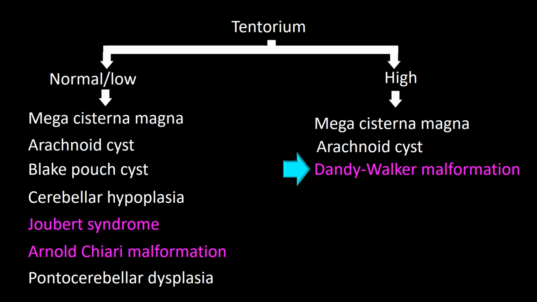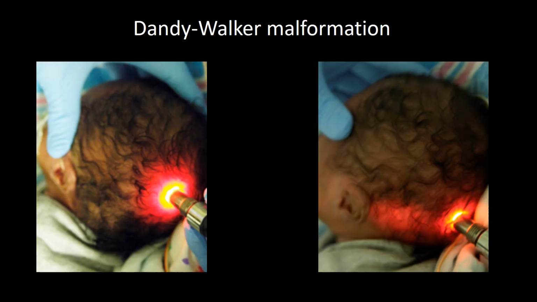The next condition I would like to mention is Dandy-Walker syndrome. These are two photographs of the same patient with Dandy-Walker syndrome. Transillumination above the posterior fossa produces a round, light circle with limited projection. Transillumination at the posterior fossa produces a light projection far from the source, as you can see.